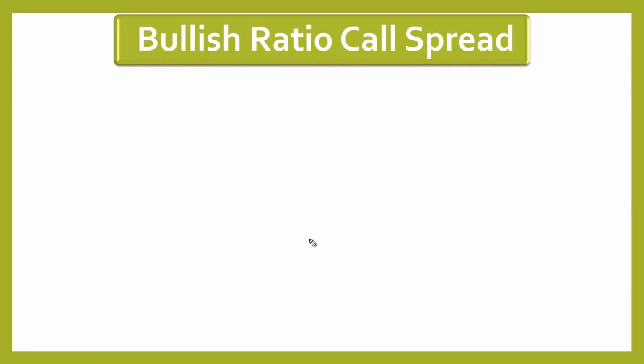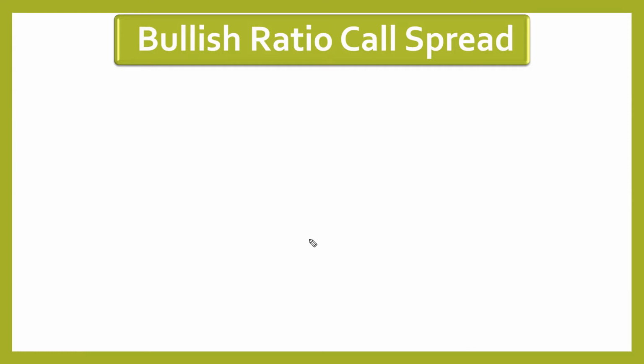When do you generally use a ratio call spread or a ratio put spread? When you expect the underlying stock or market to be neutral to bullish, that is where you use a ratio call spread. If the underlying stock or market is bearish or neutral to bearish, that is where you go with a ratio put spread. Here we are doing this ratio call spread because I am bullish on the stock, Infosys.